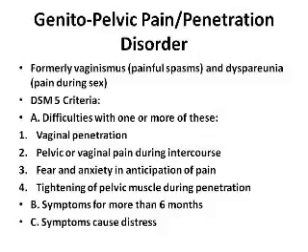So if your vagina hurts or your pelvis hurts during the intercourse, that may be another symptom. Number 3, fear and anxiety in anticipation of pain. Number 4, tightening of the pelvic muscle during penetration. So all of this causes painful spasms or pain during sex. If you have 2 or more of these symptoms, then you have met criterion A.